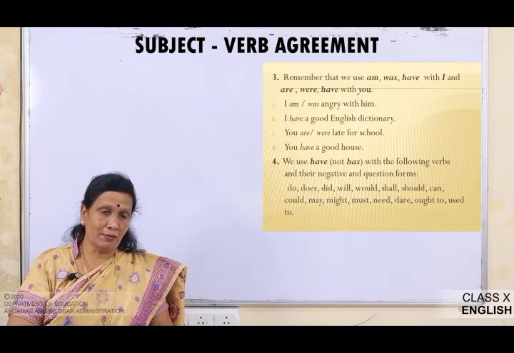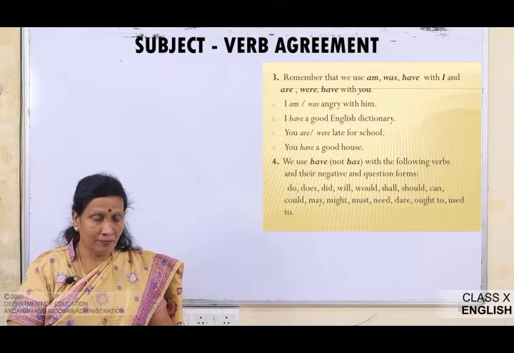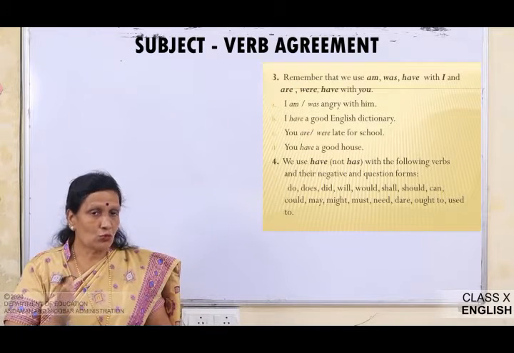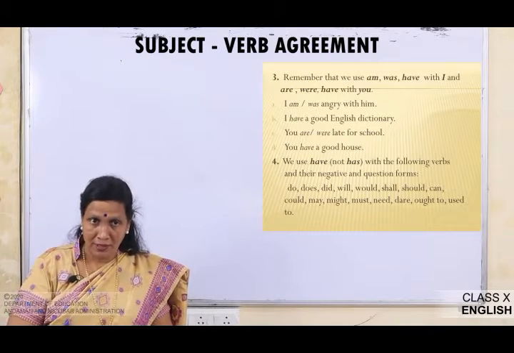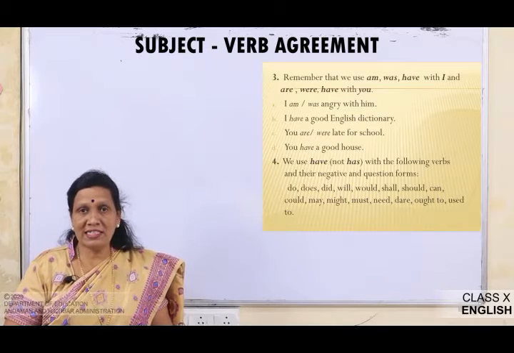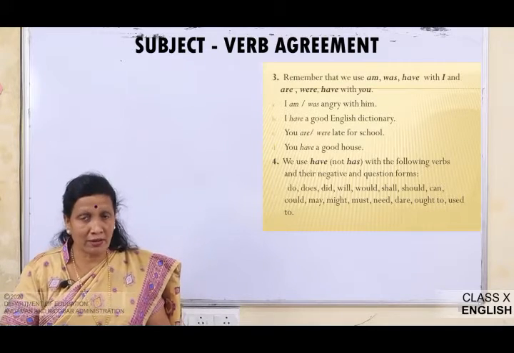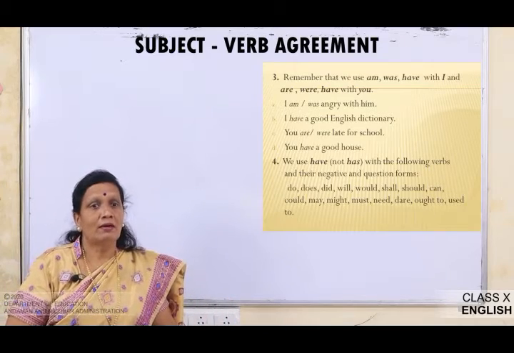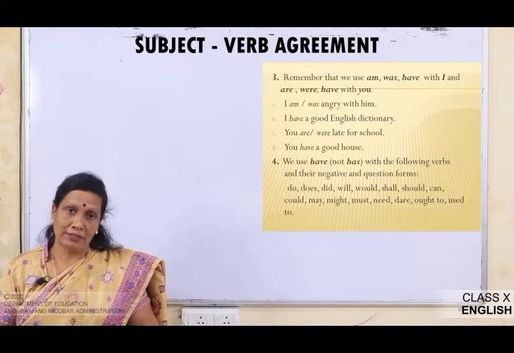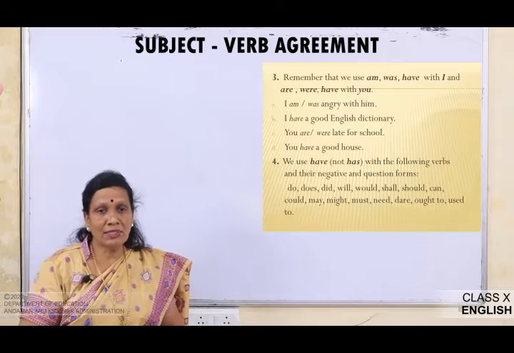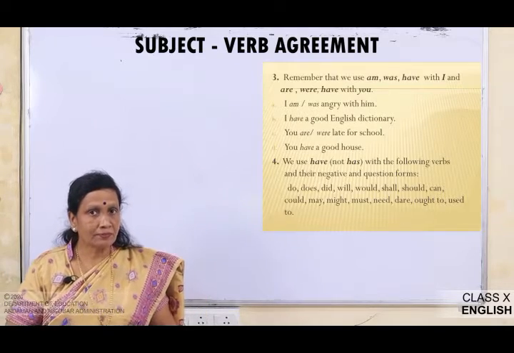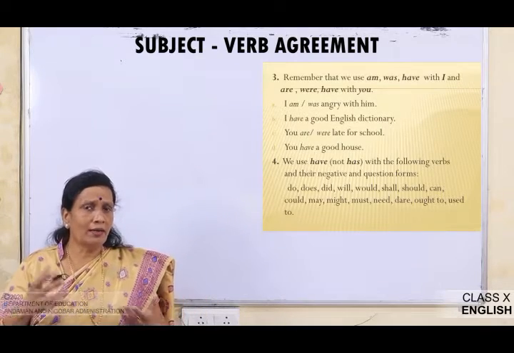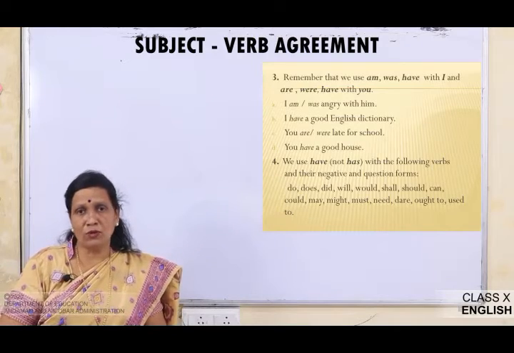Let us look at the examples. I am / was angry with him. So, if it is in the present tense, we would say I am angry with him. If we are talking about the past tense, we would say I was angry with him. I have a good English dictionary. Again, you are or were late for school.